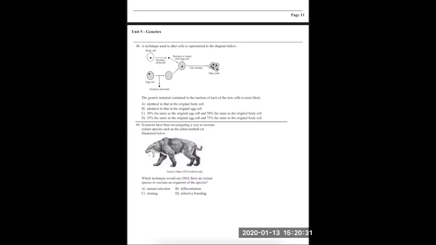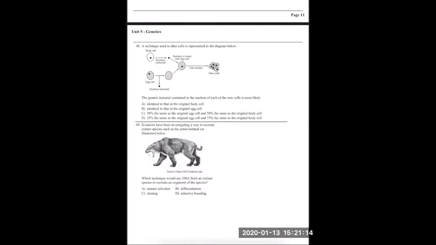It's not going to be identical to that in the original egg cell, because the original egg cell nucleus was removed, and so was the DNA with it. So B is impossible. C, 50% the same as the original egg cell, and D, zero. Zero will be the same as the original egg cell. So C and D are incorrect. A would be the only correct answer, because the only thing that's identical is going to be in that new cell, which is original to the body cell.